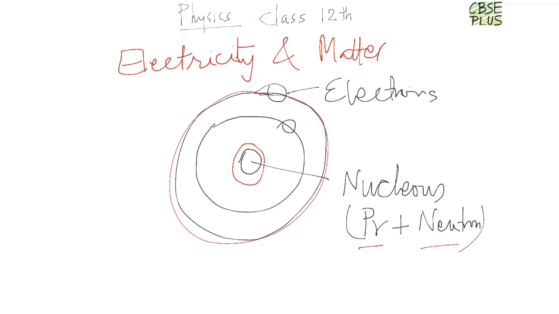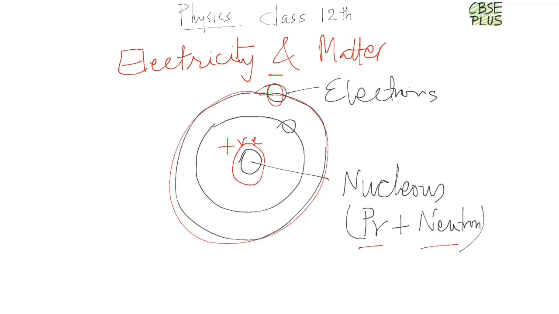The path that the electron takes to revolve is called an orbit. Electrons and nucleus are tightly bound, and this bond is because of the charges on these two entities. On the nucleus the charge is positive, and on electrons the charge is negative.